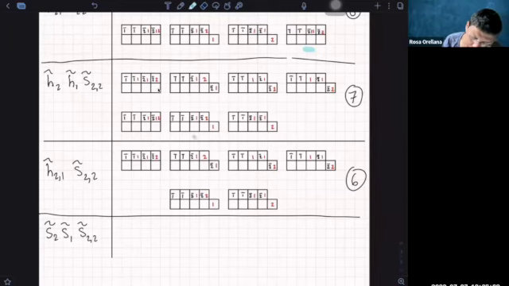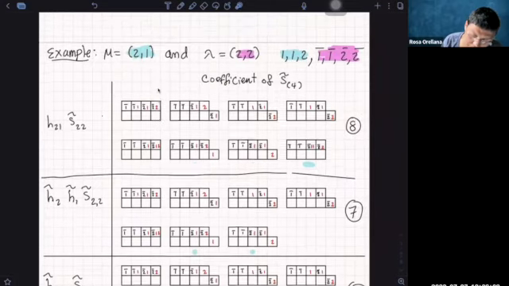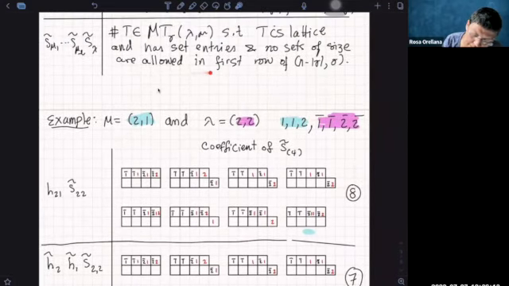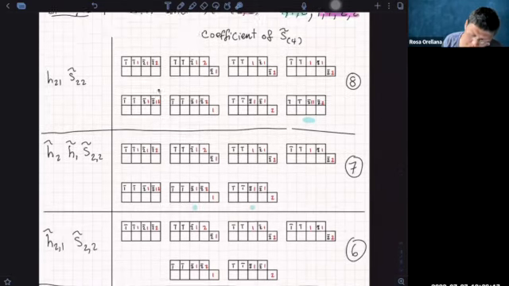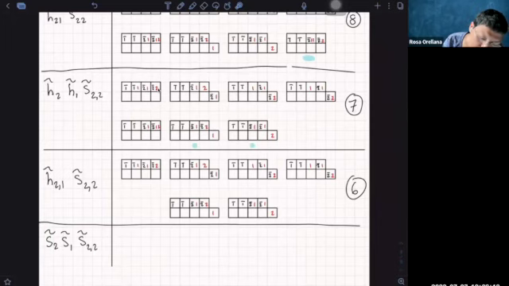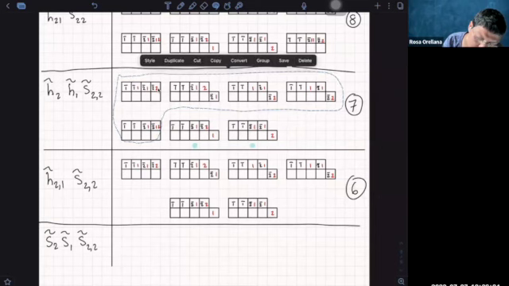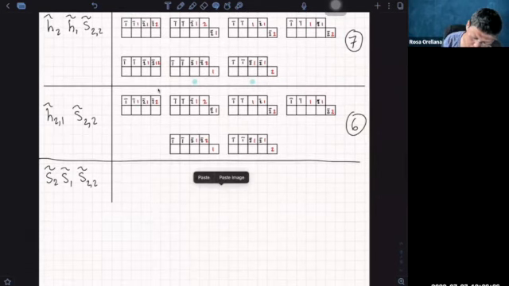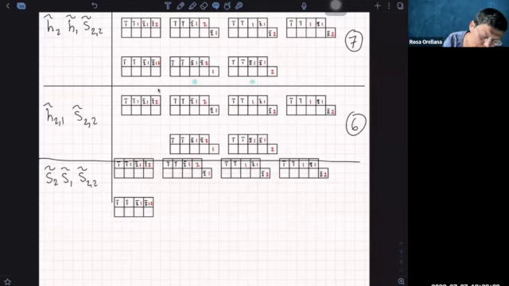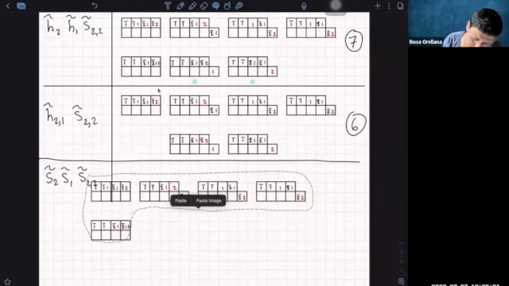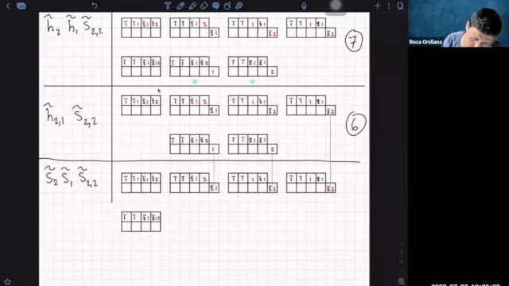I don't allow this one and I don't allow this one, because remember the condition that you do not allow sets of size 1 on the first row. So then it is just this right here. Paste. And in this case, the coefficient turns out to be 5.